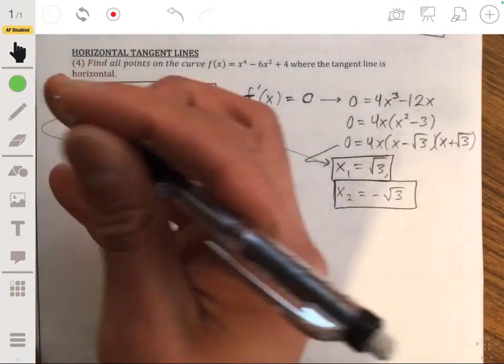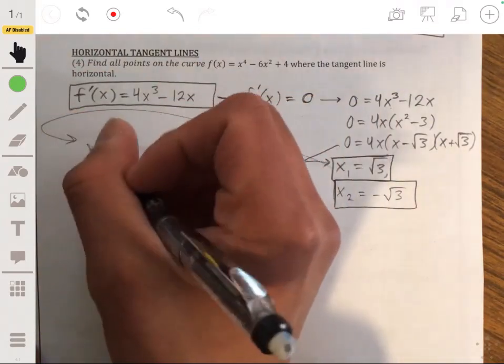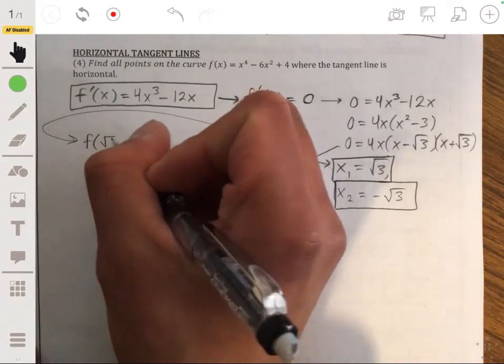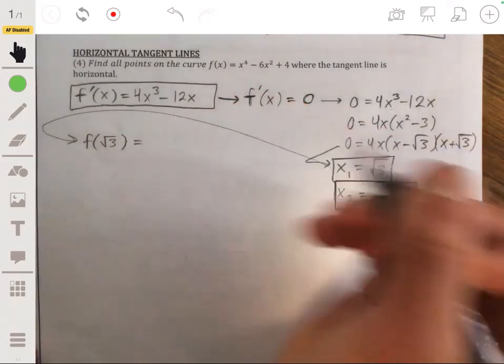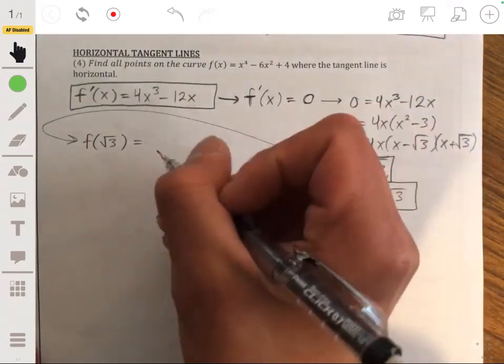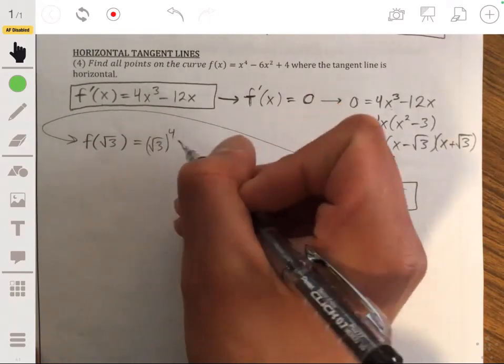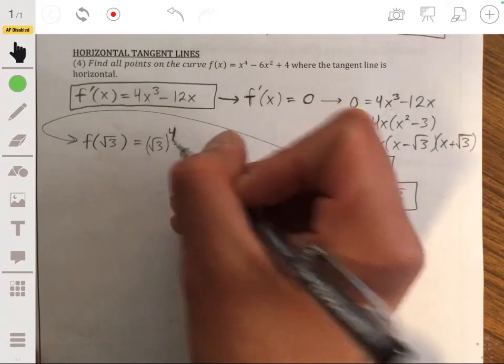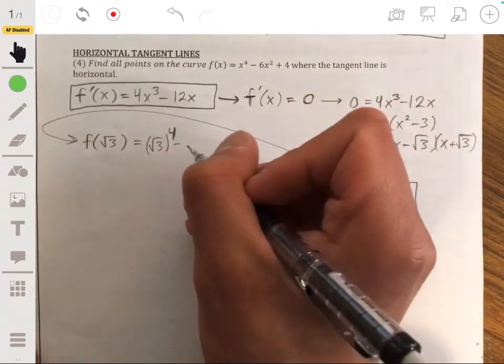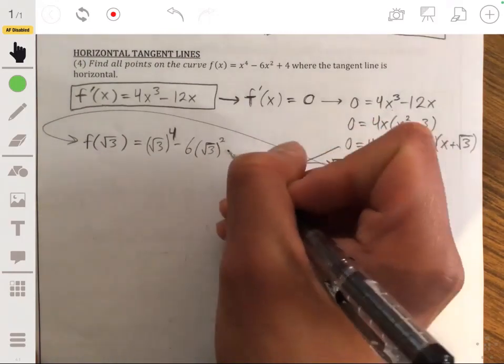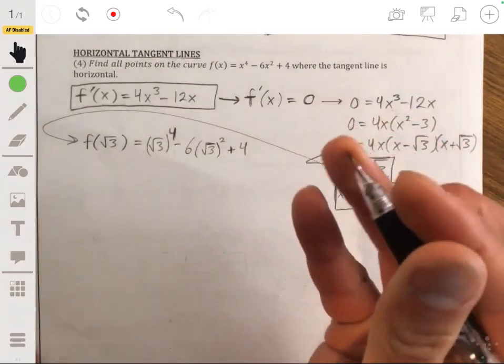So f of the square root of 3, plugging the square root of 3 into there. So square root of 3 all to the fourth power, minus 6 times the square root of 3 squared, plus 4.